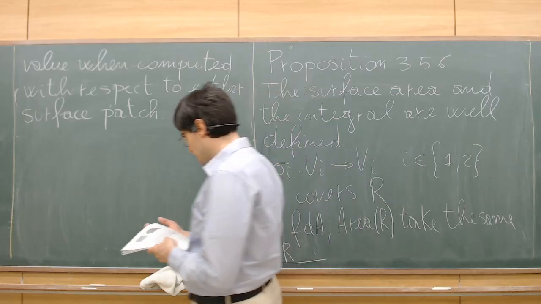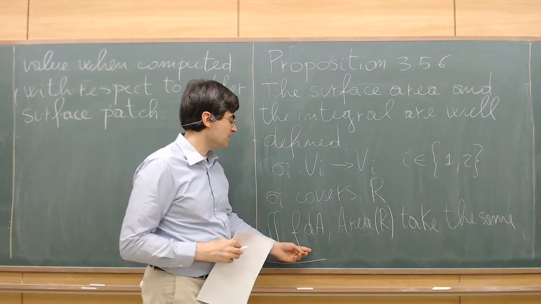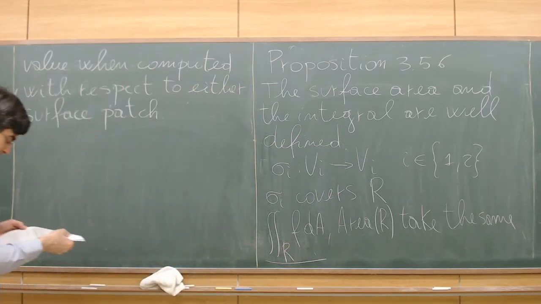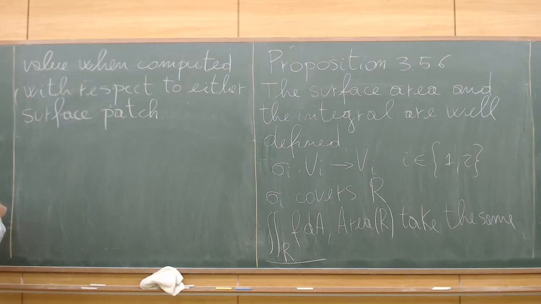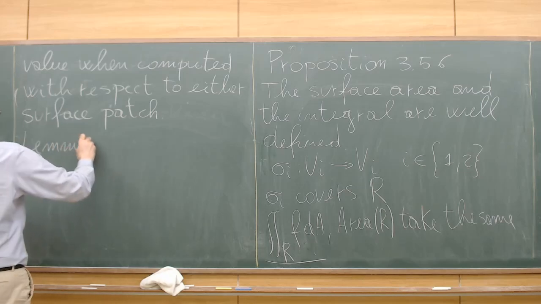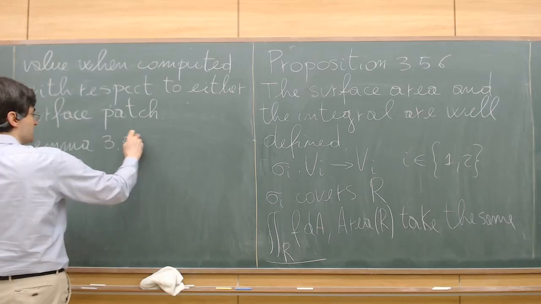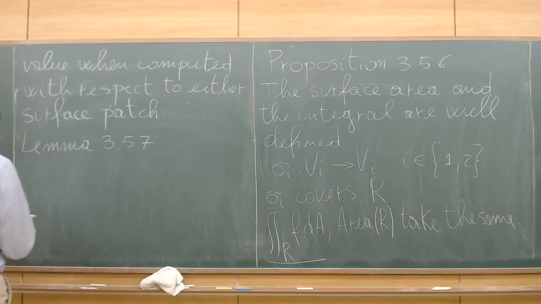Now, in order to prove that this integral is well defined, I need a lemma, 3.57, that will not be proved.